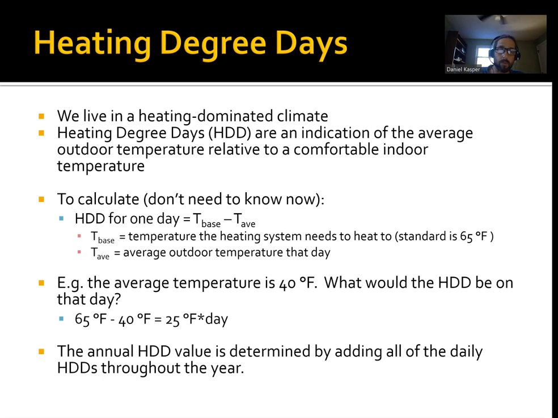But most of the time, what you'll see is HDD expressed in how many heating degree days over the course of a year. And the reason we do that is because it gives us a sense of how much heating we're going to need, and we can do some approximations using HDD to figure out how much heat we're going to need to provide to the building in order to keep it comfortable throughout the year.